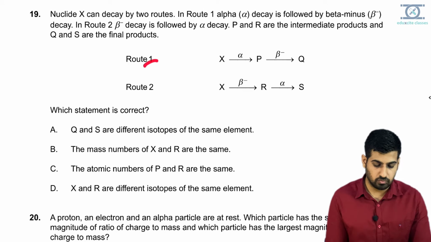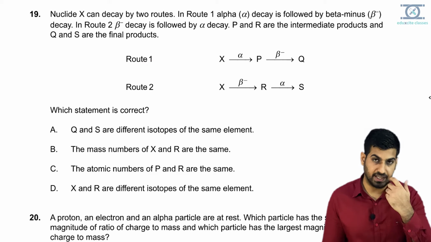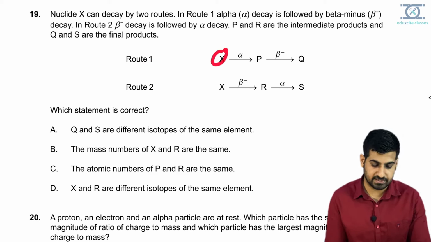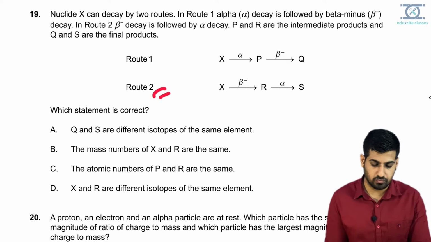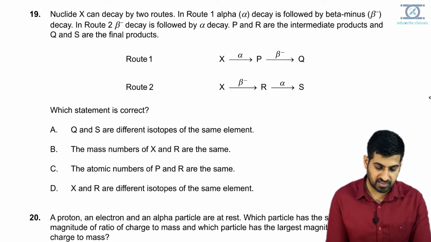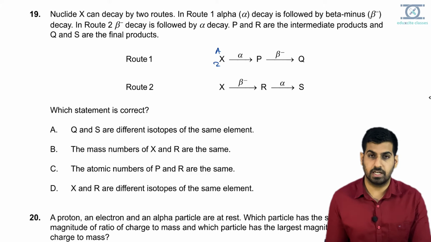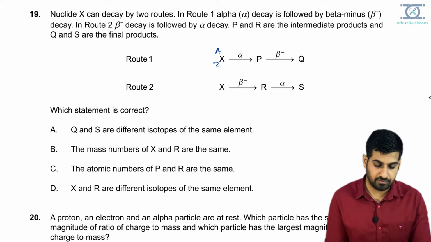There are two routes for decay of the nuclide X. Through route 1, it first has alpha and then beta minus, and in route 2, first it has beta minus and then alpha. Let us say A is the mass number and Z is the atomic number. For alpha, we know that it is A minus 4 and Z minus 2.